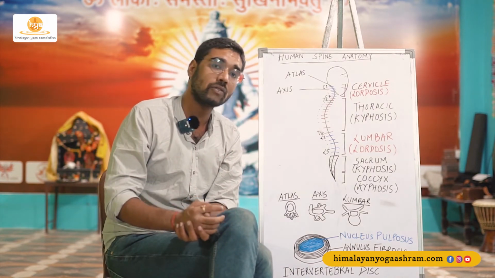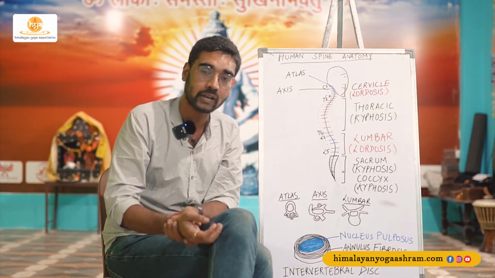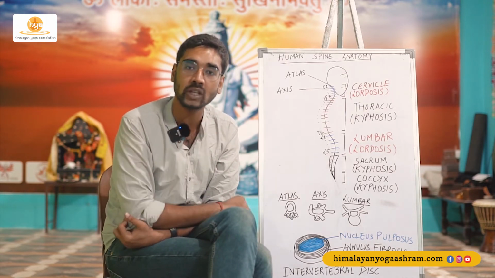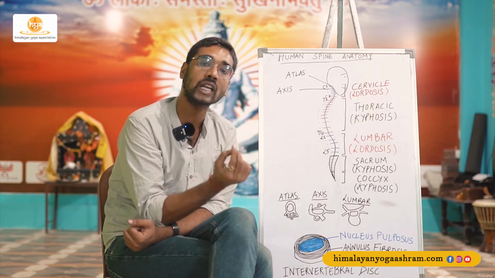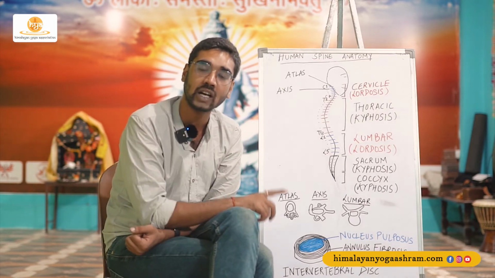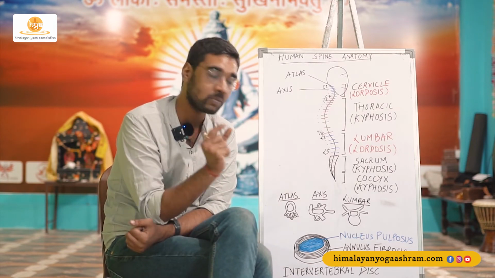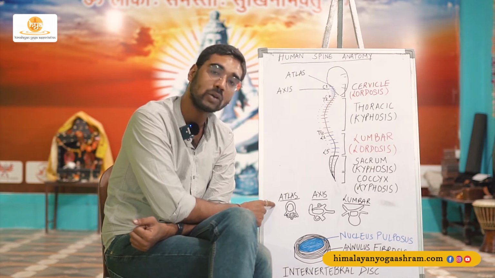The second bone, which is called the axis bone, is pretty easy to understand. The axis bone is also the most special bone inside the entire vertebrae, because it has a very unique knob, a very pointed thing moving in the upward direction towards the superior end, and that knob fits perfectly into the atlas bone.